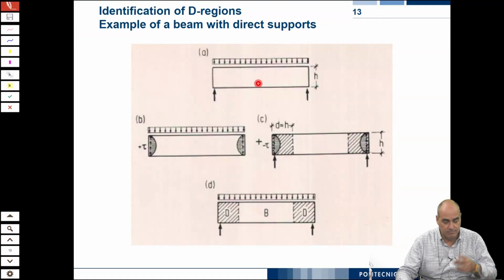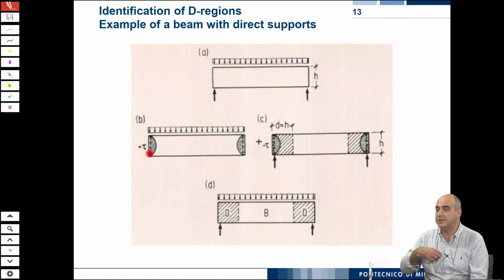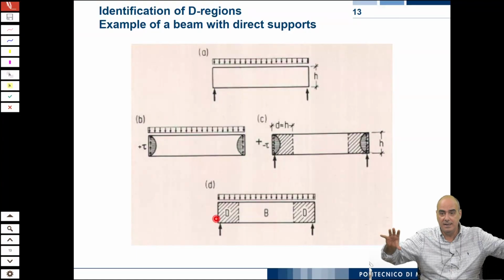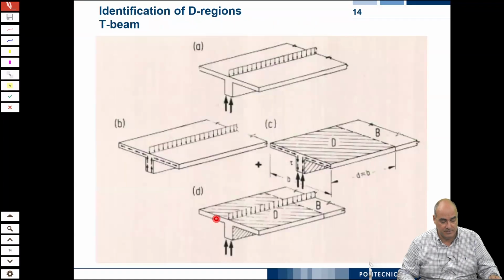How do we manage this example? Well, we replace this force with a uniformly distributed state of shear stresses on the cross section. And applying the same thing, we realize that we have to design the end parts of this beam as D regions, and the other part can be designed as a B region.